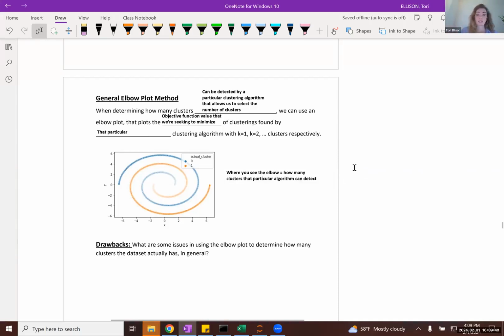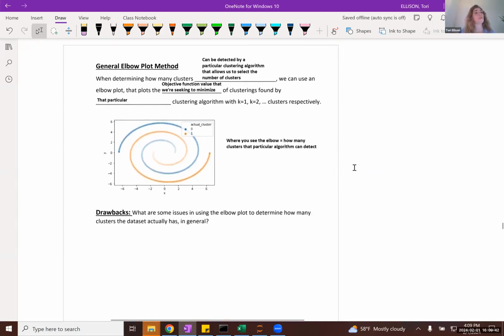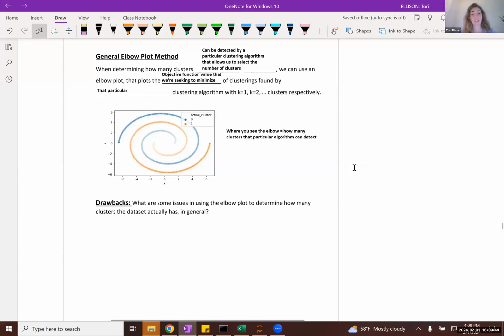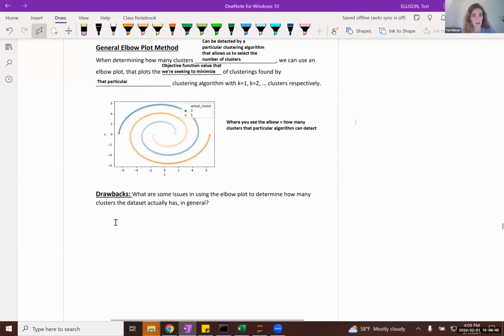And so again, just like we saw when using the elbow plot method to detect clusterability of a given data set, we're also going to see that the elbow plot method is unfortunately algorithm dependent. It can only detect clusters that that particular algorithm is designed to detect.